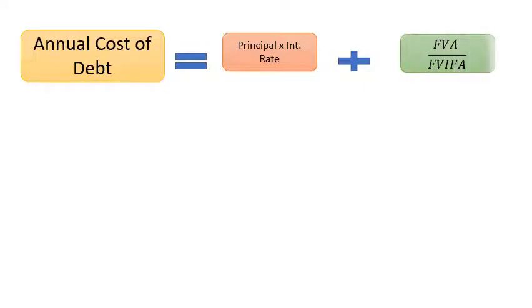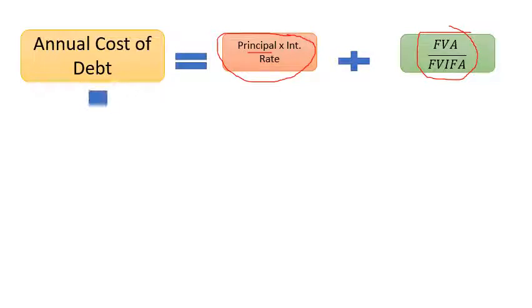For that, the annual cost of debt equals the interest payment plus the annual deposit in the sinking fund. The interest payment can be calculated by multiplying the principal and the interest rate, while the deposit in the sinking fund is calculated by dividing the future value of the annuity by the future value interest factor for annuity.